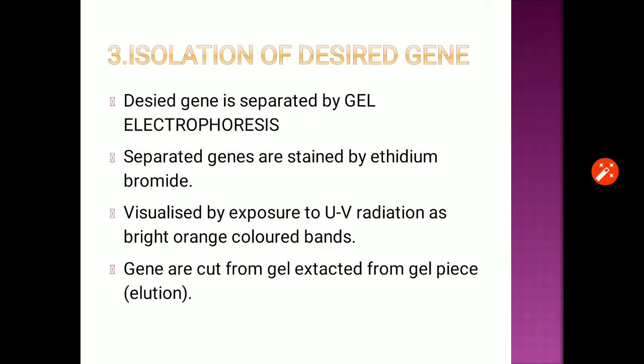Now the third is isolation of the desired gene. The desired gene is separated by the gel electrophoresis process, and in this process we'll take a gel plate of agar gel, and we'll fit the electrophoresis plate and load it with the solution which contains the DNA segments, all the genes which have already been separated because of restriction enzymes, and then we will charge the plate with that particular solution containing genes.